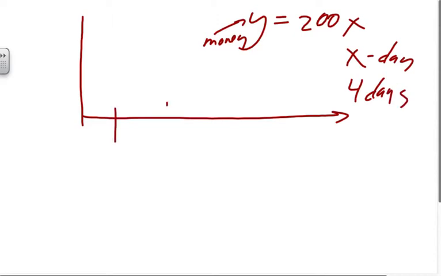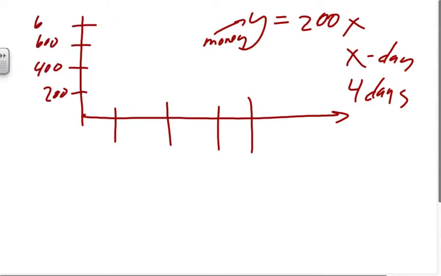right? Well, we can draw a graph on this. And it should be 800. It's going to look something like this. So one thing is obviously just to plug in 4 for x and calculate.